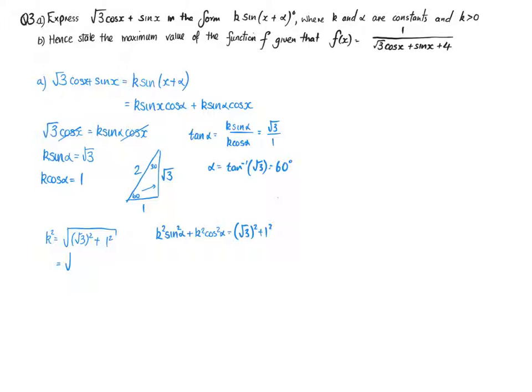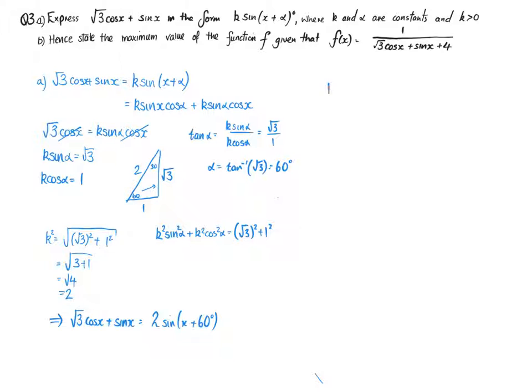So we get the square root of 3 plus 1, which is the square root of 4, so it's 2. So therefore, square root of 3 cos x plus sine x is equal to 2 sine x plus 60.